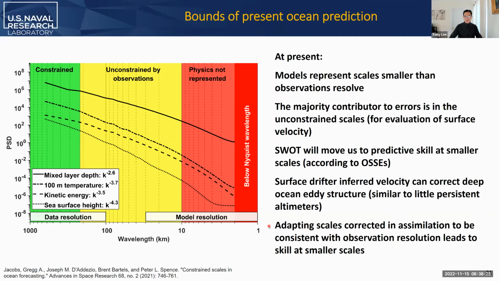So typically, we assume that the structure of the errors are similar to the structure of the features. So we assume that the vertical covariances of temperature and salinity are similar to the vertical covariances of what's been observed in the past.